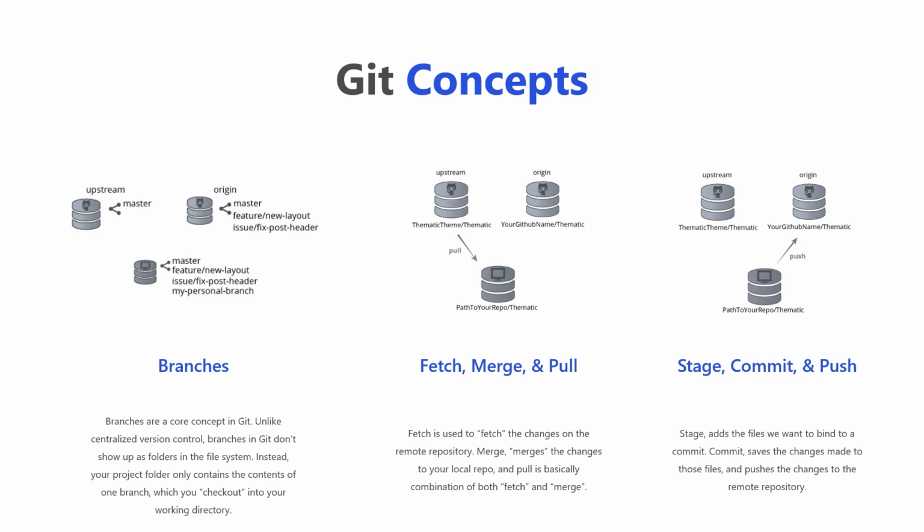So staging is saying, I'm going to grab these files because I want to take a snapshot of them because I'm going to commit those changes. So when we stage, we add the files we want to bind to a commit. When we commit, we save those changes made to those files. Once we've saved those changes, we then push those changes to our remote repository on GitHub. So again, stage, commit, and push.